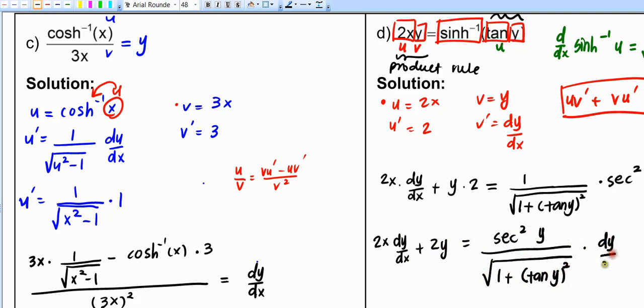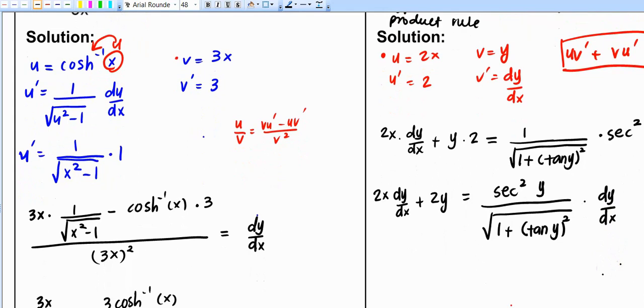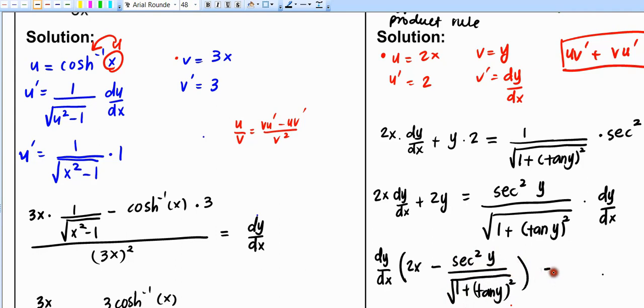For implicit differentiation, we need to make sure all the dy dx terms are on the left-hand side, and then you can factorize the dy dx. So dy dx times 2x minus secant squared y over square root of 1 plus tangent squared y equals negative 2y.